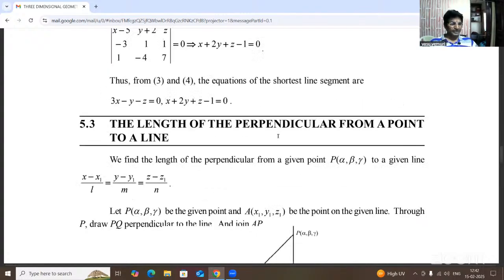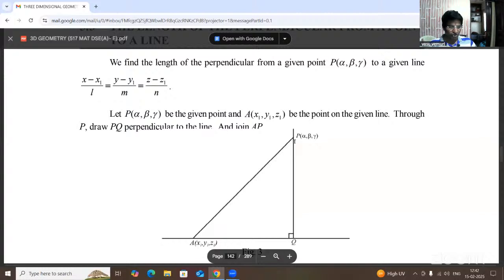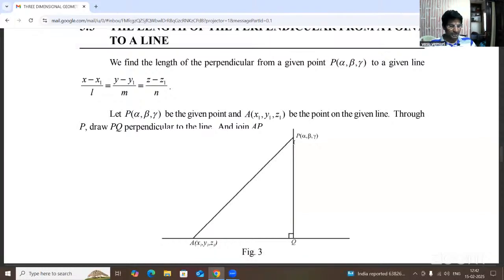Okay, 5.3, the length of the perpendicular from a point to a line. Here x1, y1, z1 is a point on the line, and alpha, beta, gamma is the common point, say capital P. Just observe: AB is one of the lines and the perpendicular is on the base. So P is perpendicular to Q, so PQ.